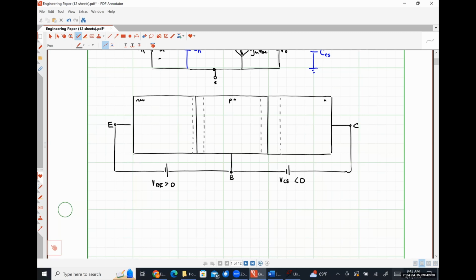And so what we should see is that we have some positive charge, which I'm going to call QBEP, stored here. Some negative charge, which I'm going to call QBEN, stored in this part of the depletion region.